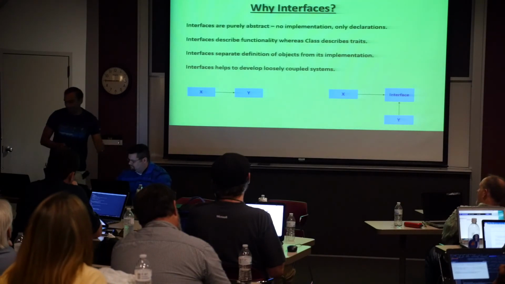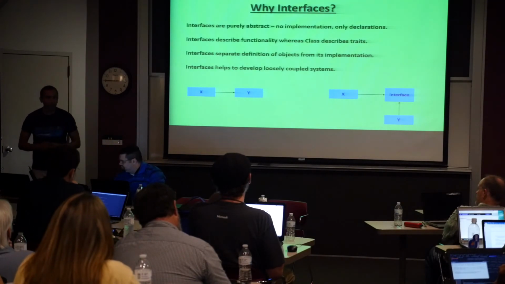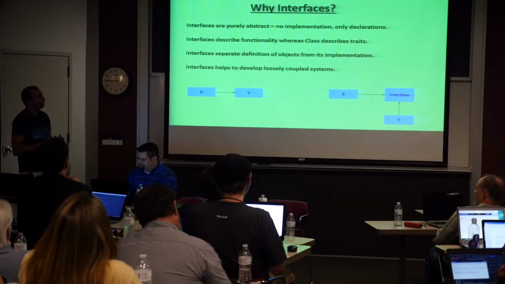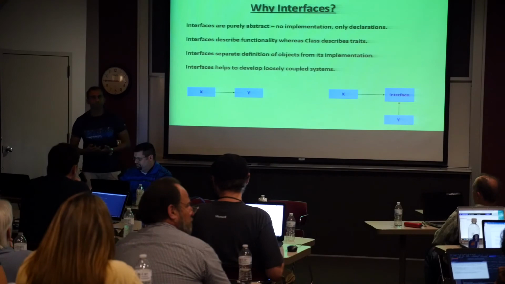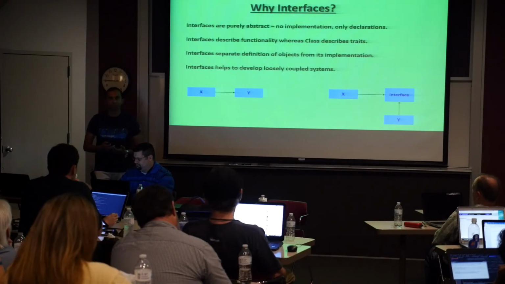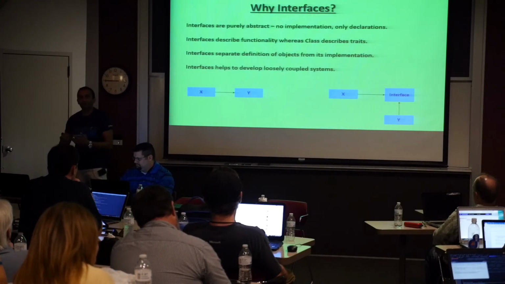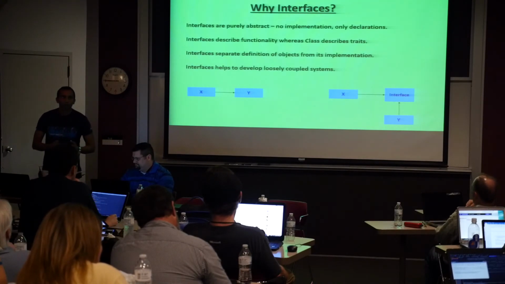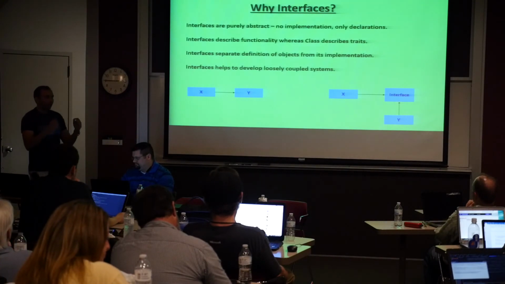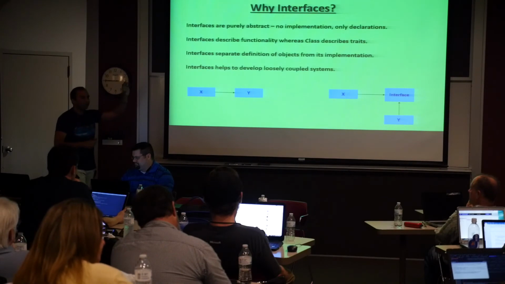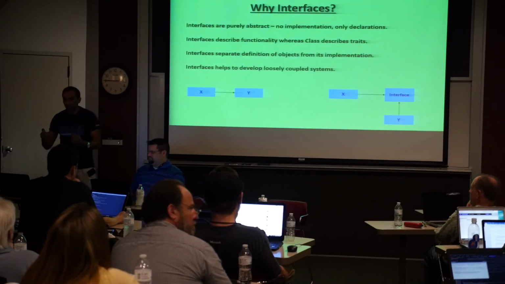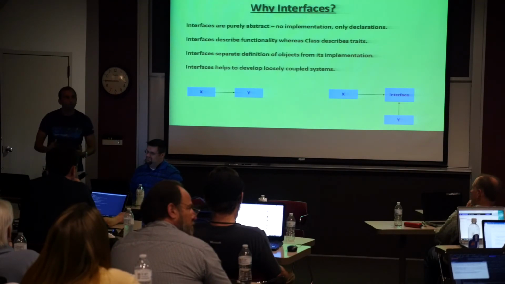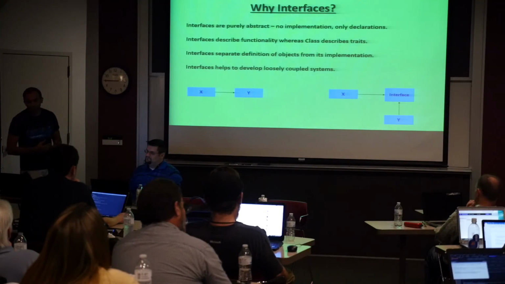I know Brandon, Rob, Blake, all will be talking in detail on this topic. But again, interfaces, they are just declaration. They do not have any implementation. The classes which implement that particular interface should be providing the definition of what that method should do, right?